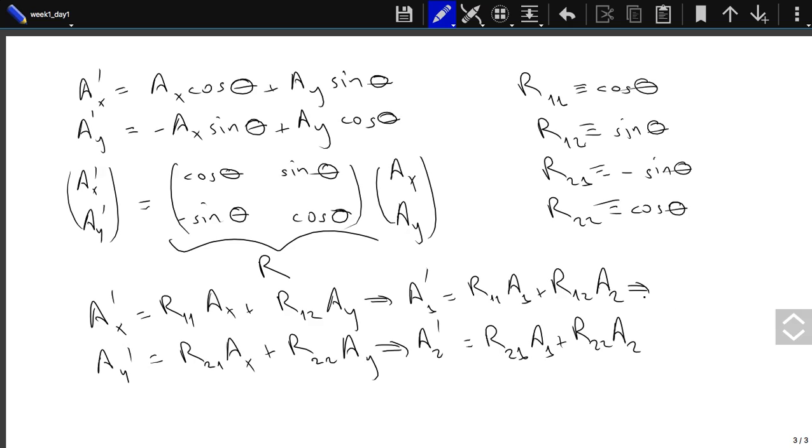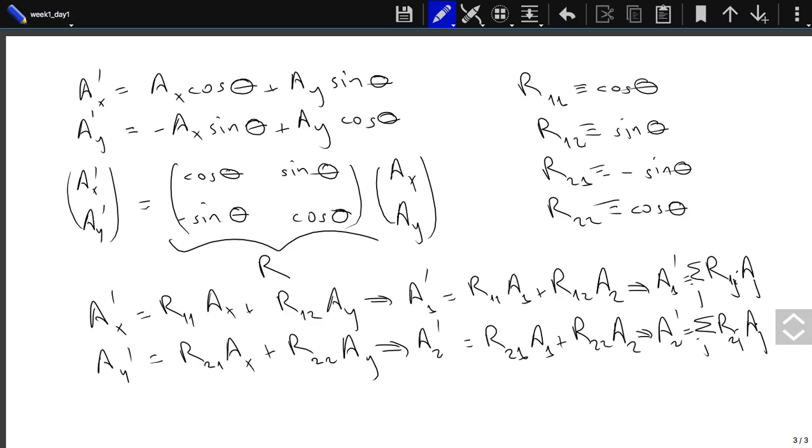Or let's write each one of these equations. A1 prime is equal to the sum over J of R1J AJ. And the second equation is A2 prime, again the sum over J of R2J AJ. So whatever index we have over here, A2 prime is R2J, A1 prime is R1J.